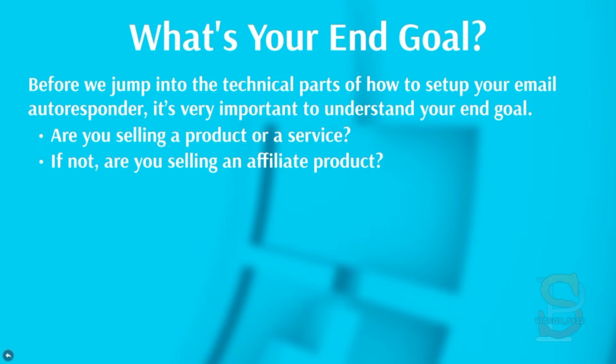Now, if you're selling a product, obviously you could sell an affiliate product in the long run or vice versa. You really just want to get an idea of what your end goal is now, and what your future end goals could look like is fine. And the reason why I ask you to write this down is because if you're selling your own product, you can do a few things like build a relationship.